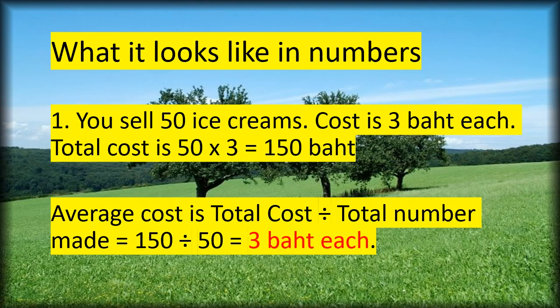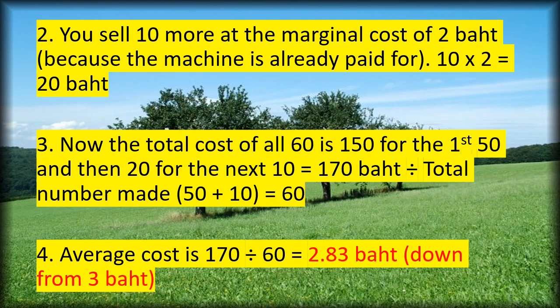So what it looks like in numbers. So firstly, you sell 50 ice creams. The cost is 3 baht each. So the total cost, 50 times 3 equals 150 baht. The average cost is the total cost divided by the total number. So 150 divided by 50 equals 3 baht each is the average cost. You sell 10 more at the marginal cost of 2 baht because the machine is already paid for.